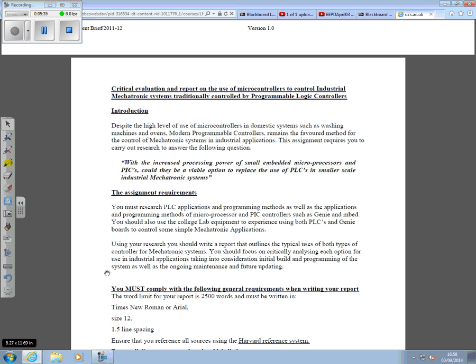You also want to think in terms of the ongoing maintenance of the system and its ability to be modified. One area where a company might want to use something like a microcontroller is where they almost want to hide the software, in essence.